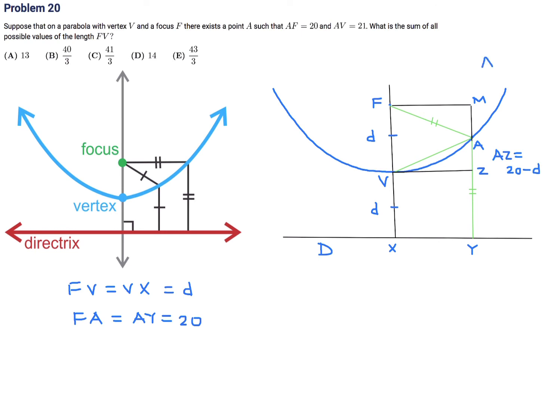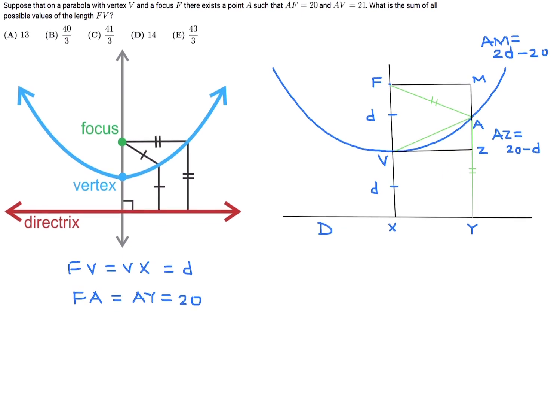I need that distance as well to figure out some Pythagorean relationships. AM looks like 2D minus AY, which is 20. So 2D minus 20. Okay, now we're ready for Pythagorean relationships, and here we go.